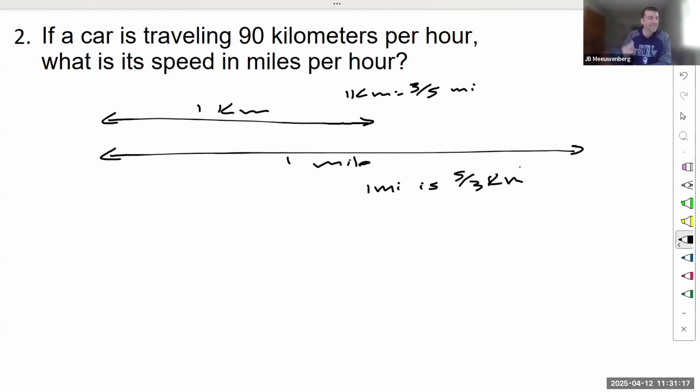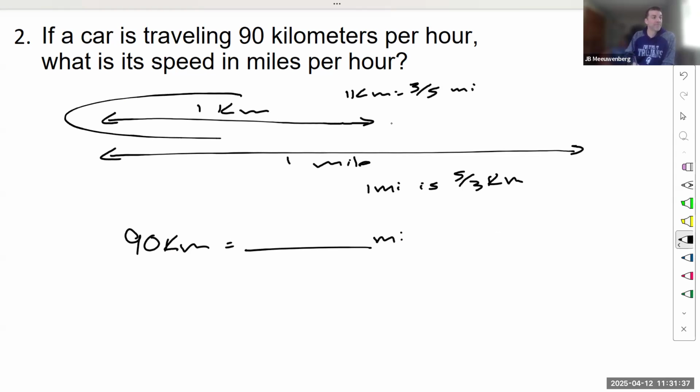So which one are we going to need in this case? A car is traveling 90 kilometers per hour. So what is its speed in miles per hour? So 90 kilometers is how many miles? That's our question. So we have 90 of these.